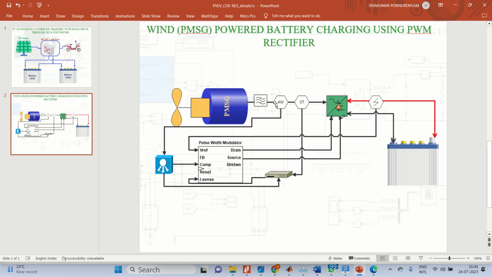Dear viewers, this video is going to define the wind-driven PMSG. That is, we are getting the power from the wind through the wind power turbine.